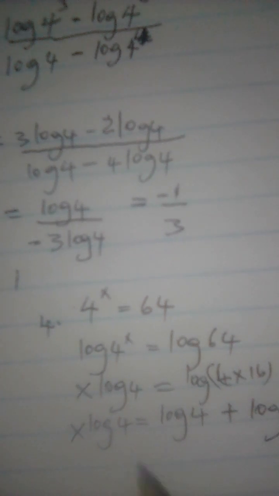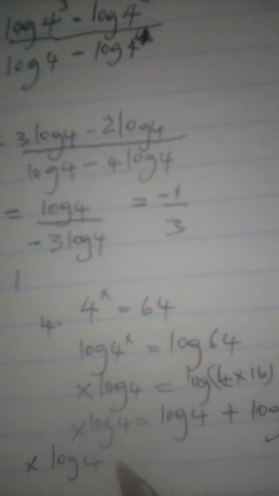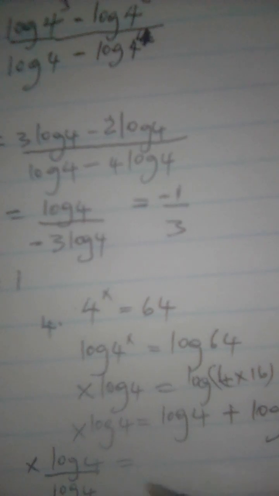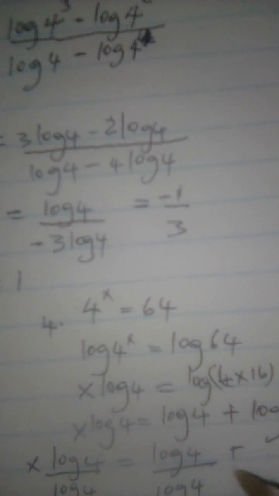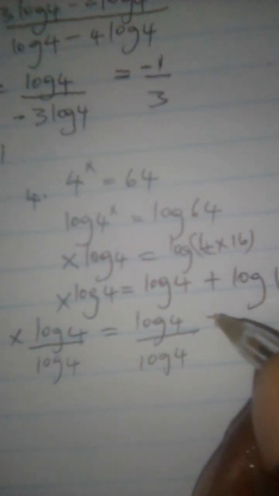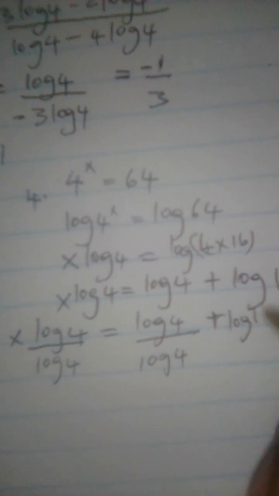The next step, I'm going to divide x log 4 with log 4. So on the right hand side, I'll have log 4 over log 4 plus log 16 over log 4.